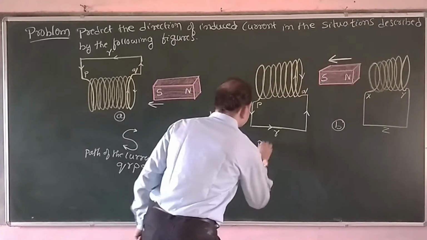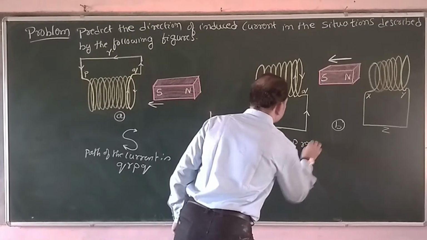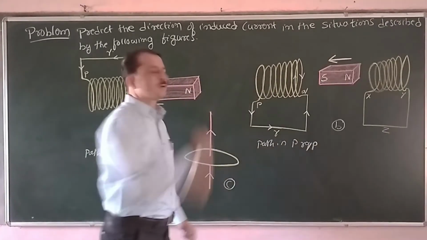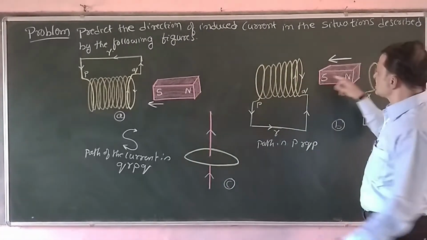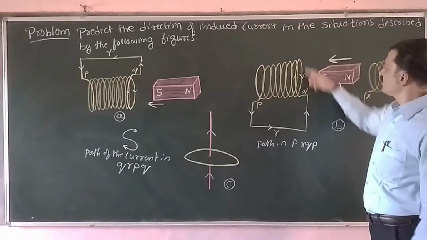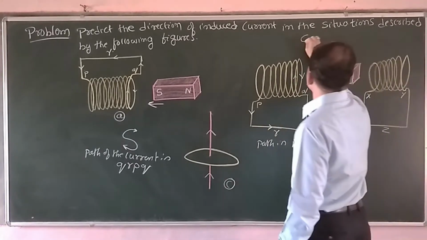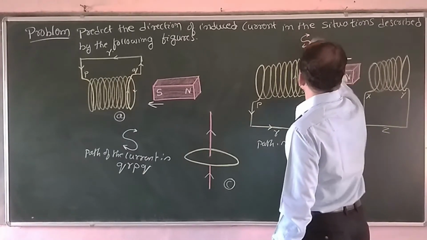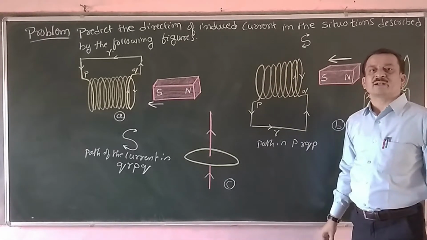For this coil, the path is P R Q P. Similarly, because the south pole is approaching, this face of the coil has to behave as a south pole. South pole means the current should be clockwise as viewed from the bar magnet.